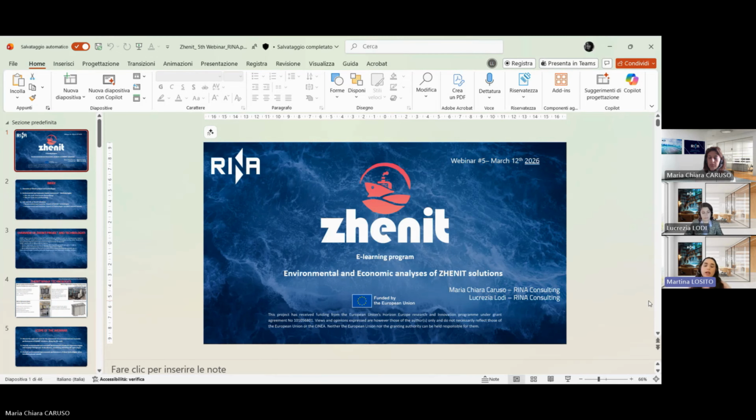Looking at the life cycle assessment, this is a structured, comprehensive, internationally standardized methodology for the quantification of the environmental impacts of a process or activity, looking therefore at the stages for the production of a product or the processes related to a service.